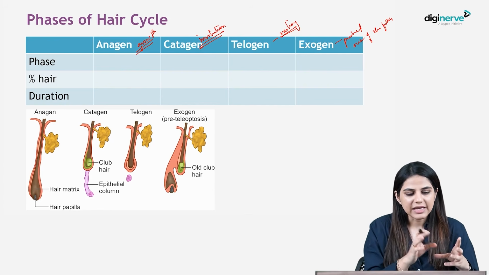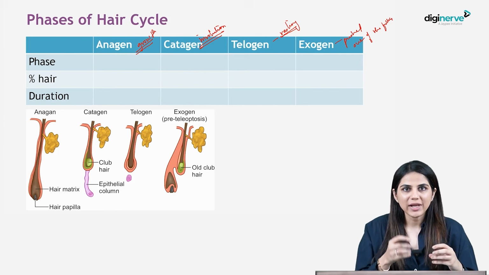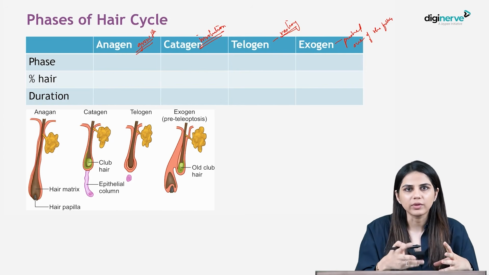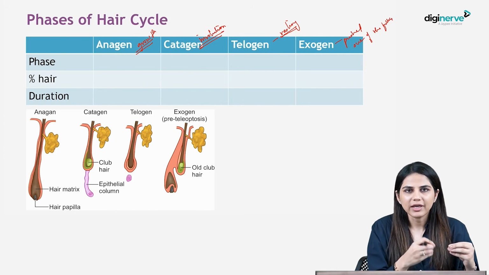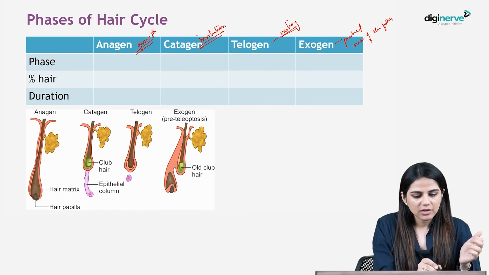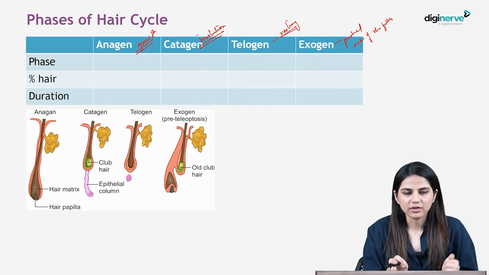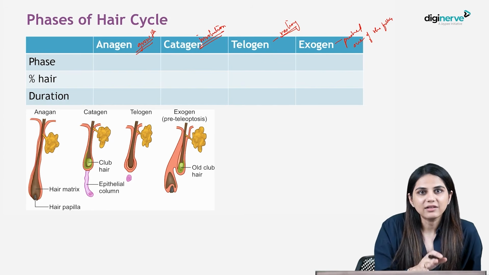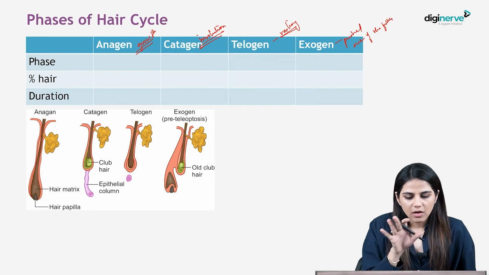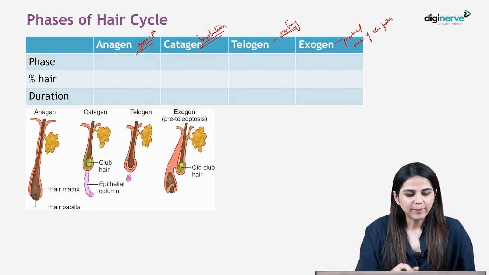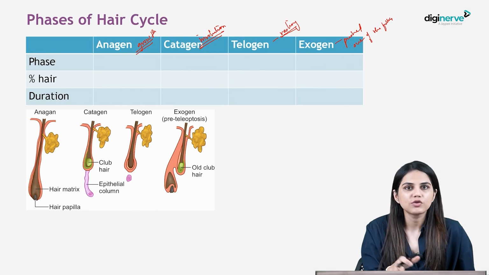Hence, the cycle is divided partially. While somewhere new hair is growing, in other parts the old hair is falling off. Hence, the phases run parallel to each other. And at a given point of time, this hair on our scalp can be present in each of these phases.